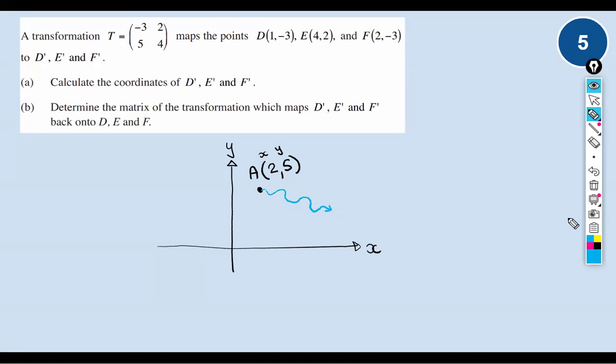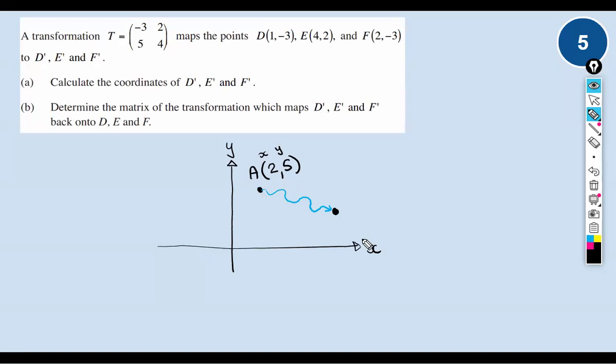Let's say the new point that I dragged it to, can I call it point A? In maths, if I take the original point A and I drag it to a new point, in maths, are you allowed to call it the same exact letter?